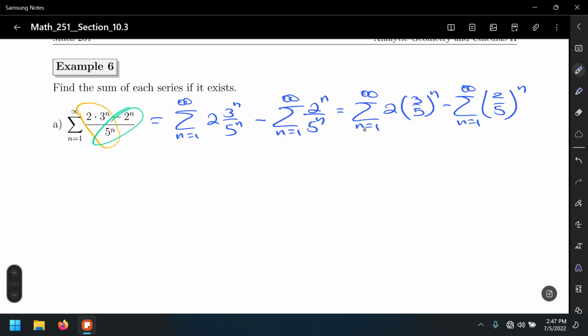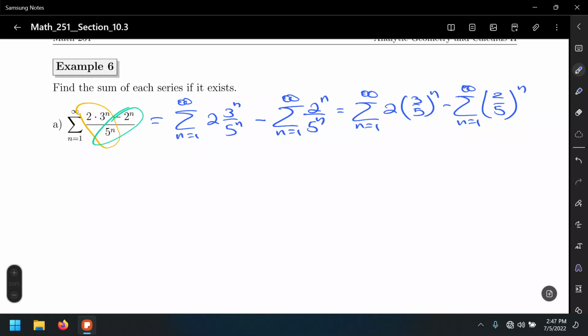The series do not start at n equals 0, so we would need to shift the index. However, if r is greater than or equal to 1, why bother shifting indexes if we already know the series will diverge? In this case, 3/5 and 2/5 are both less than 1, so both series will converge.